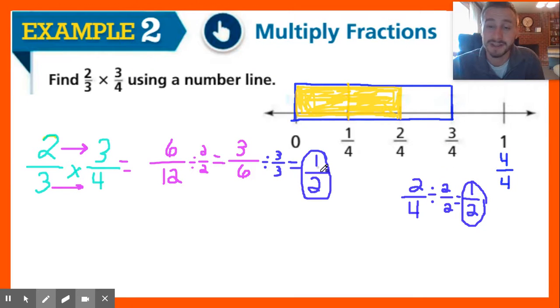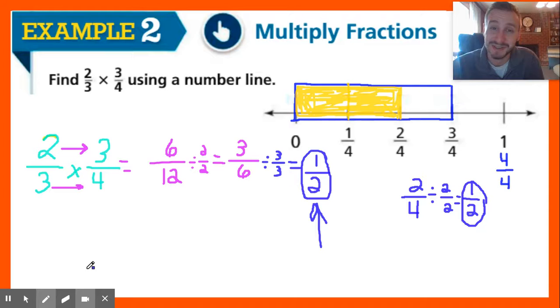Are our answers the same? Yes, they are. So 2/3 times 3/4, we got 6/12. We simplified that to be 3/6. And then we simplified 3/6 into 1/2. So your answer is 1/2.